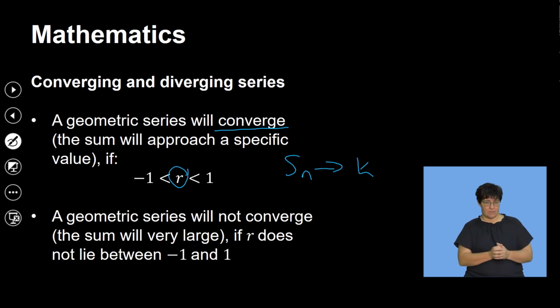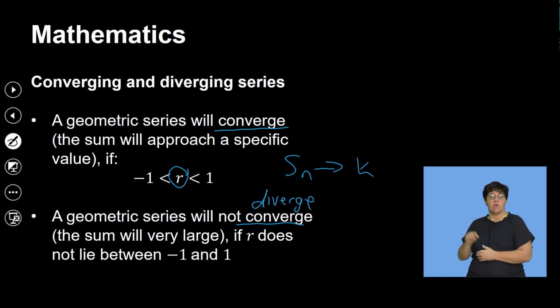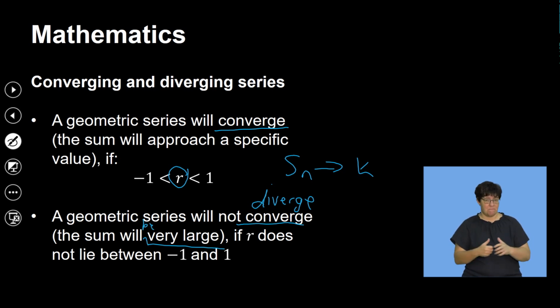Otherwise, a geometric series will not converge. Not converging therefore means what? It is diverging, right? Because converge and diverge are like opposites of one another. This means that the sum will become very, very large, a very big number that you are going to get.